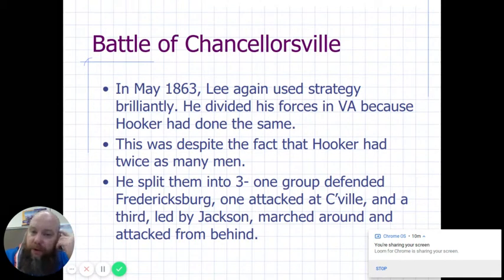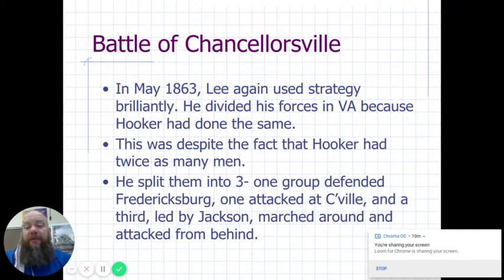Okay, and so the Battle of Chancellorsville was a victory for the South, but it was also a huge defeat for the South, and I'll explain what I mean. Lee split up his forces, so he had the Union fighting forces in 2 different directions. Although they were smaller forces, they were fighting well and occupying the Union.